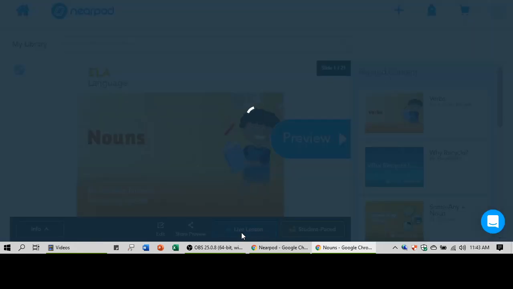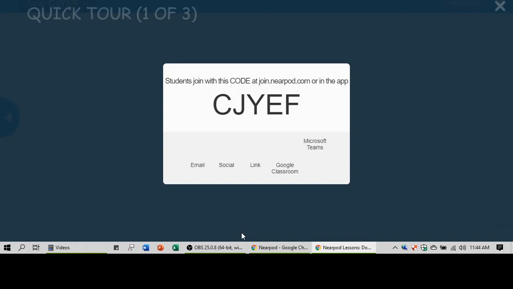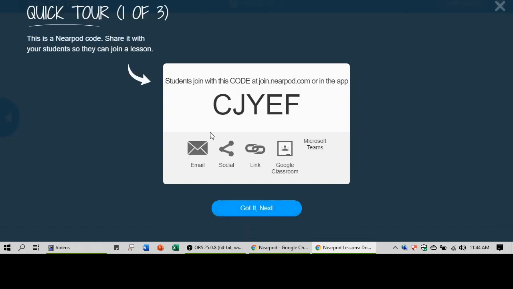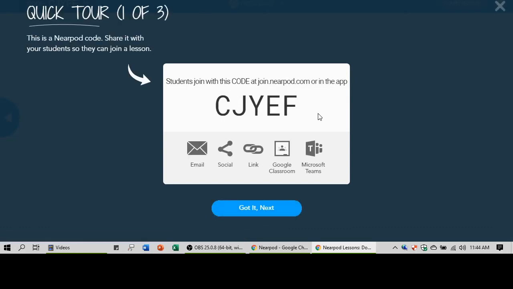Okay, and then on the part of the student, they also have to install the app called NEARPOD on their cell phones. Okay, now this thing here is the code. The teacher will give this code, CJYEF. This will be given to the students so that they can enter the class in NEARPOD.